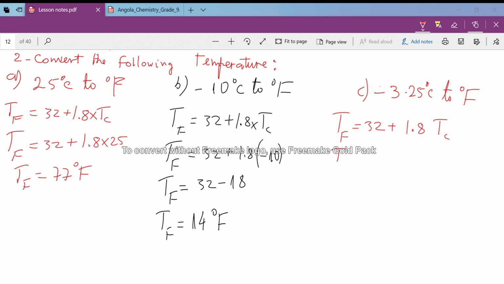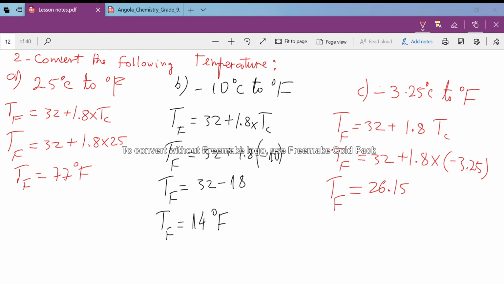So TF will be 32 plus 1.8 times minus 3.25.